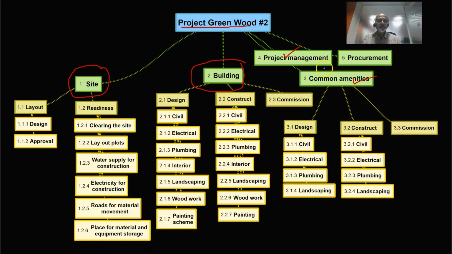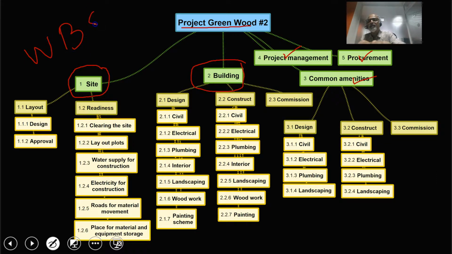So the project management component comes in, and the procurement component comes in. So I superimpose the product breakdown structure with additional work that needs to be performed. Thus I arrive at the work breakdown structure, or WBS.